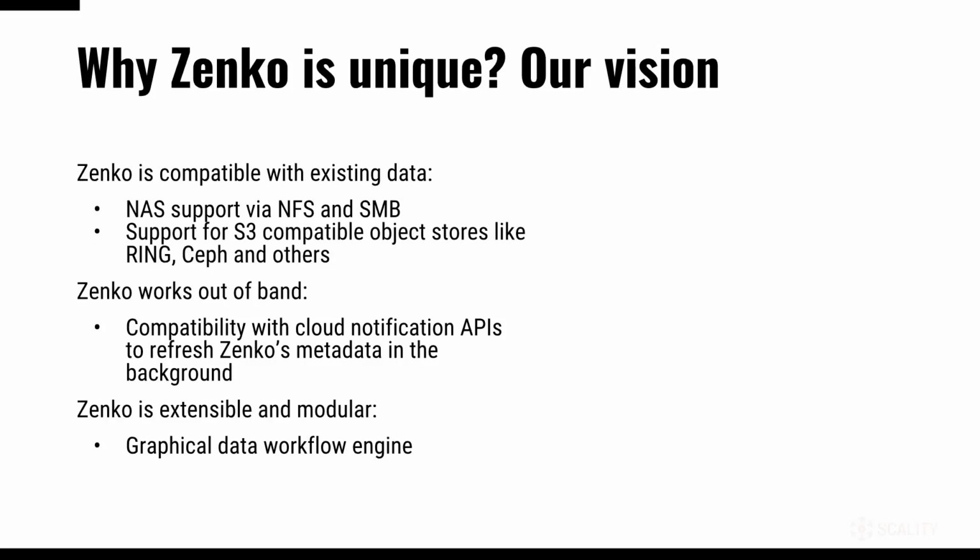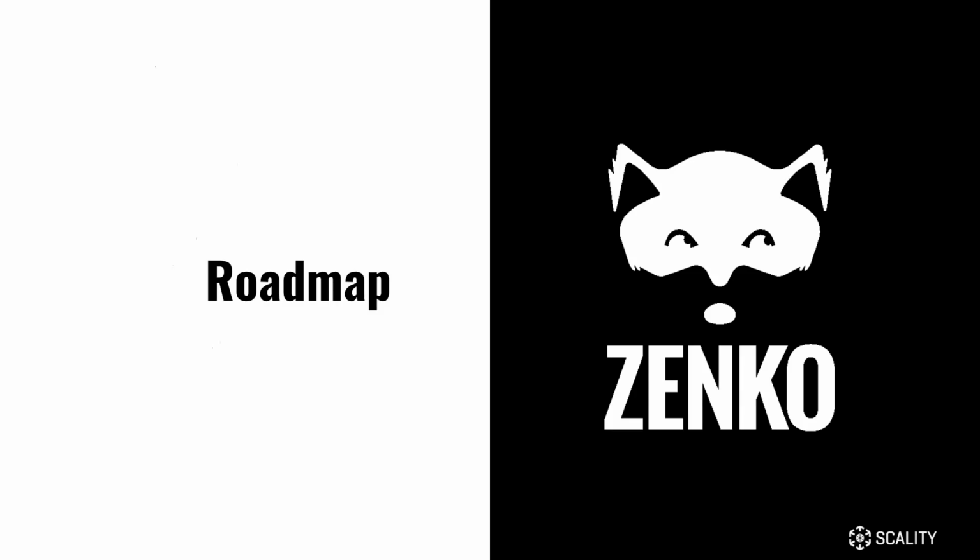So if data comes from this bucket with that metadata, then can you please encrypt it with that set of keys and slice it and send it to that cloud? So you'll be able to do that graphically through Zenko. And so we're asking for input, and I think Stefano will talk more about that later on. So I wanted to give the idea of why Zenko is unique compared to other offering in the market. And I think that's it for me.